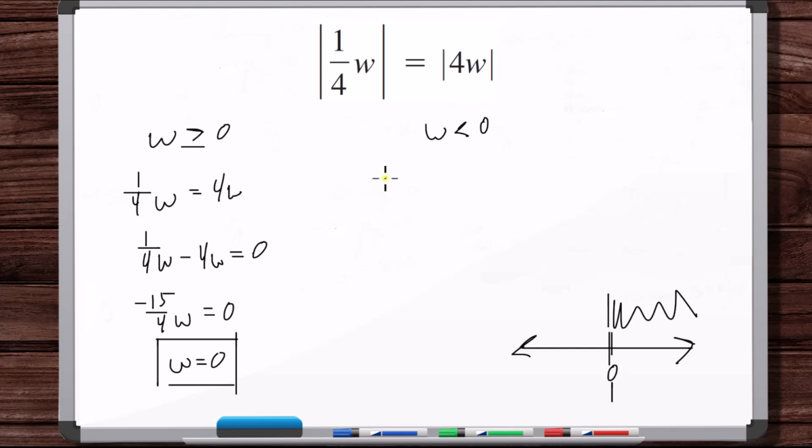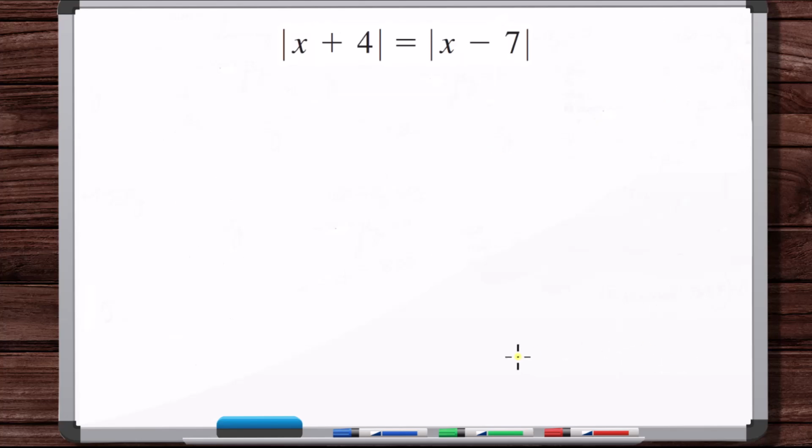In that case, both of these would be negative, but that's going to be the same equation, because of the symmetry. But w is equal to 0 is not in that range. So one solution here. Okay, so we've got, let's see.